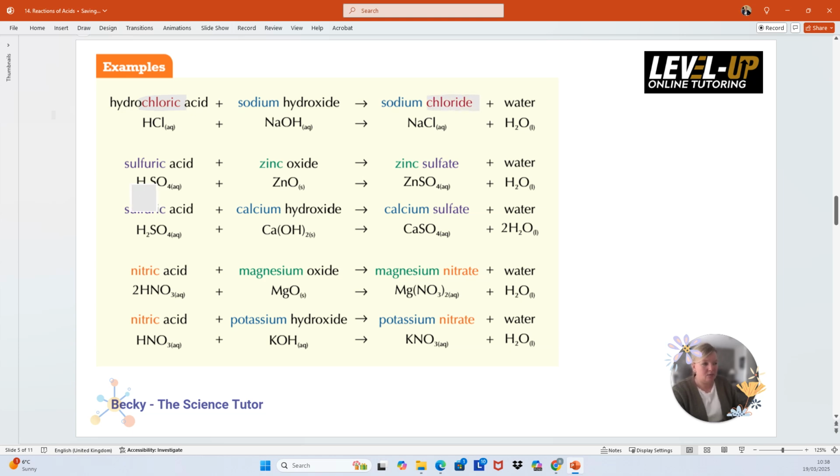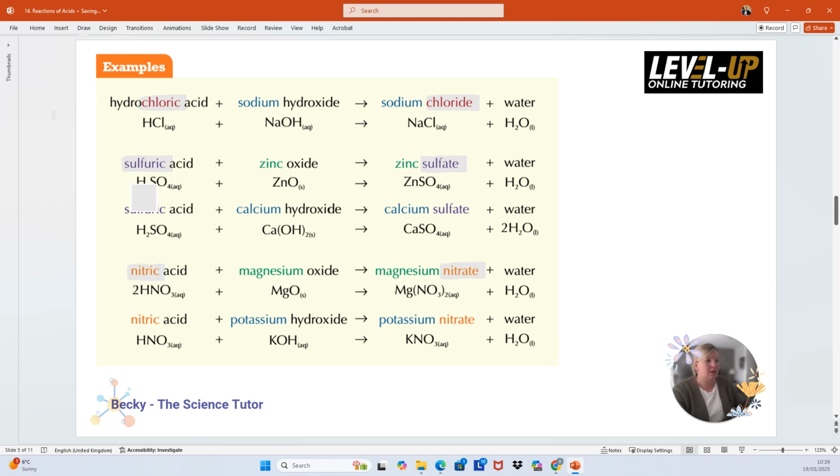Here we've got sulfuric acid with zinc oxide. So it's the sulfuric bit that goes on and produces a sulfate. And then we've got an example of nitric acid, which produces a nitrate.